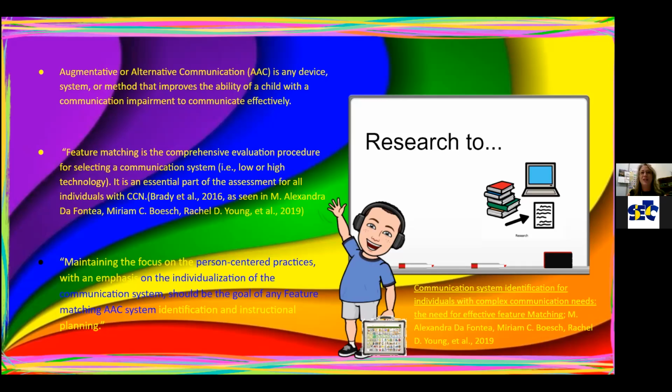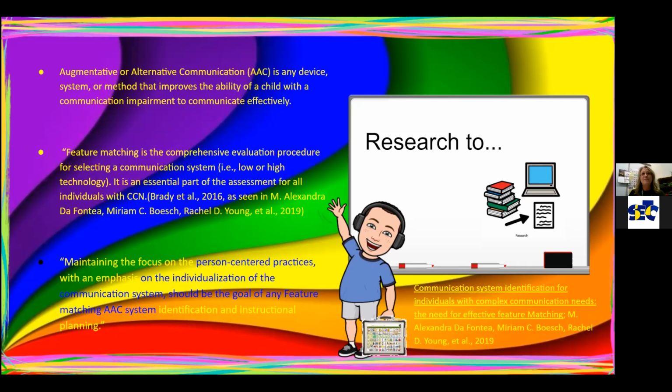With person-centered practice, we can't say, this is our favorite piece, so this is the only thing we are going to assess. Or, all the features seem to be fine, and I'm not going to look any further than that because that's the system I know. I come across this all the time.